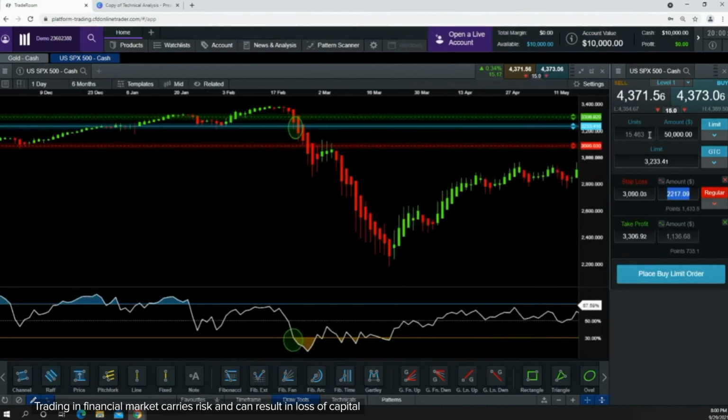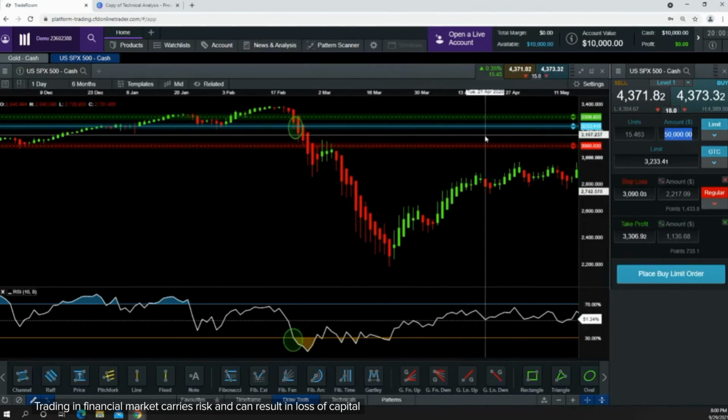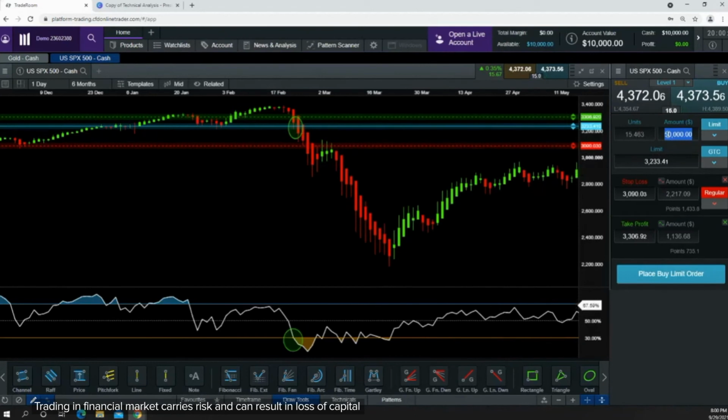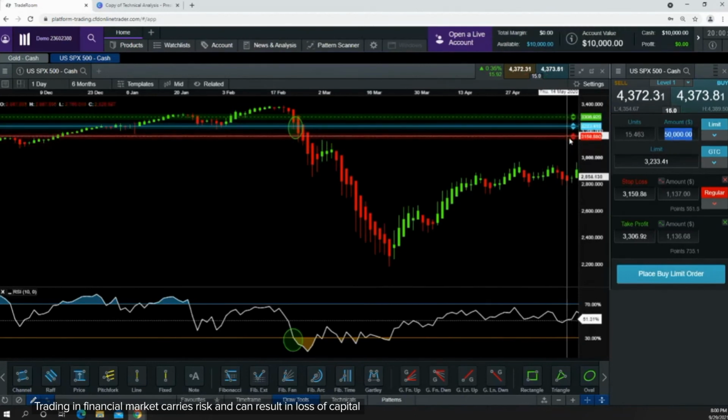Now let's assume an investor or trader took a position worth $50,000, which is very highly leveraged. I'm just giving you this as an example because there are times where unknowingly you might end up taking a big leverage. So every time your investment amount is higher than your account value, a stop loss is a must.